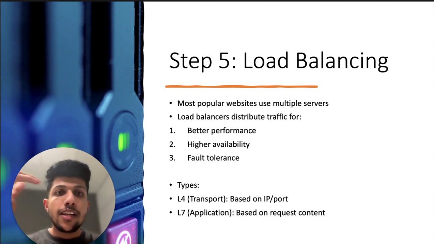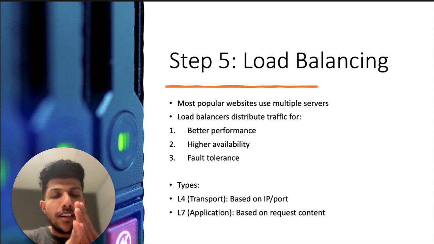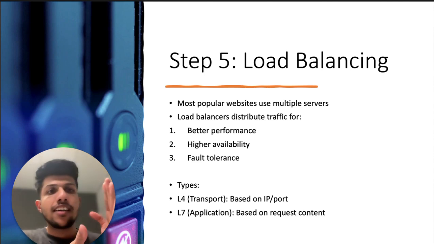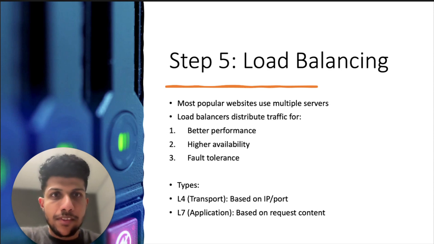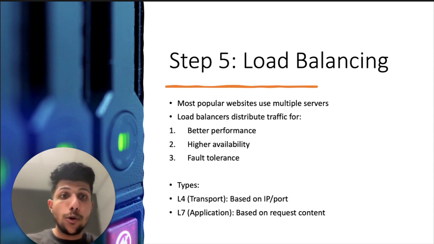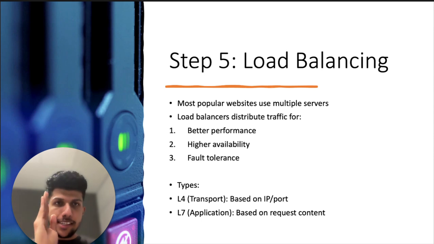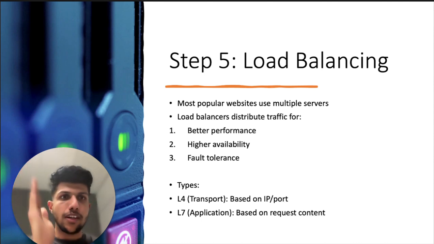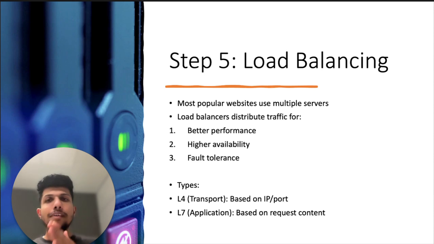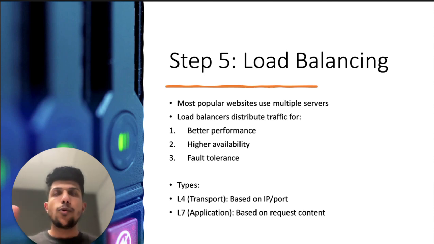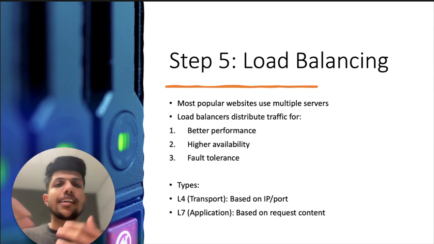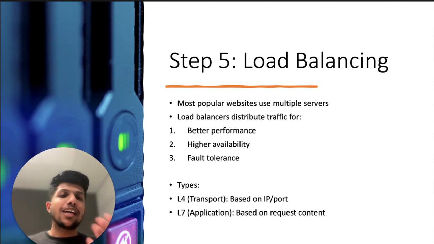Whenever a request on a website reaches the website IP address, it will first go to the load balancer only, and it will help distribute the traffic among the servers, because if it went to the server directly, the server could be overloaded.